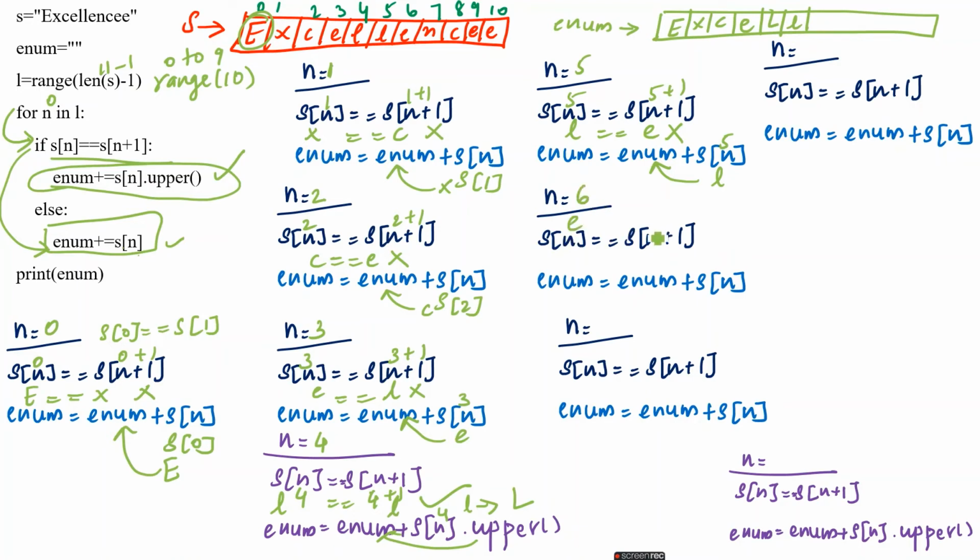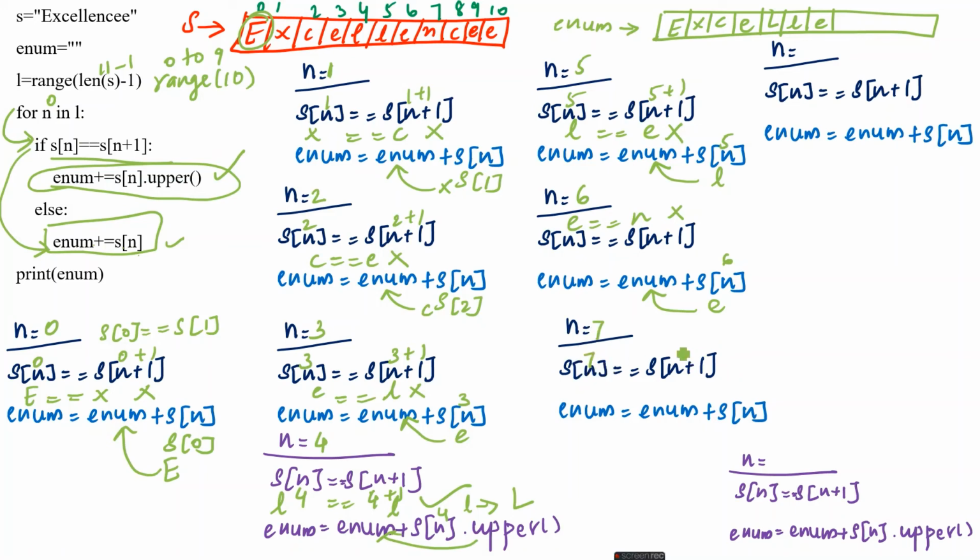S of 6 is E and s of 6 plus 1, that is 7, that is n. E equal to n, condition false. So we have to execute this statement, that is enum equal to enum plus s of 6. S of 6 is E will be concatenated to enum. E.